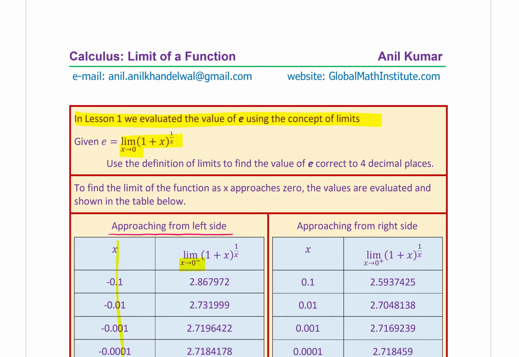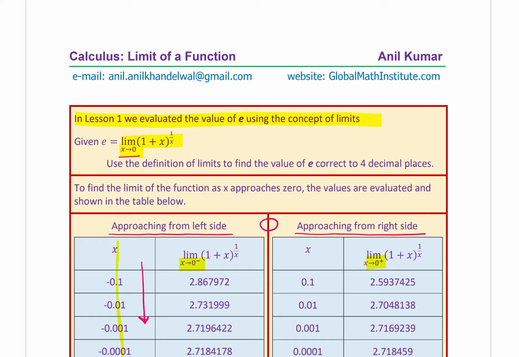And when we use the notation x approaches 0 plus, it means you're approaching from the right side, right? So you're approaching 0 from both the sides. From the left side, as you see, from minus 0.1 to minus 0.0001, the value is very close to 1.